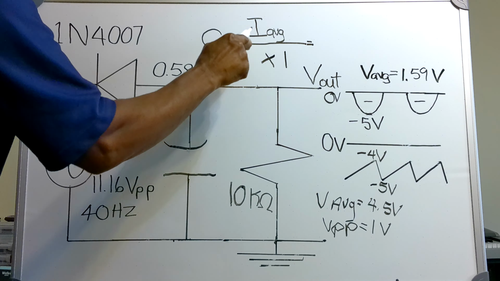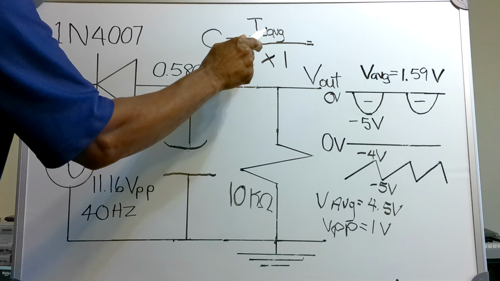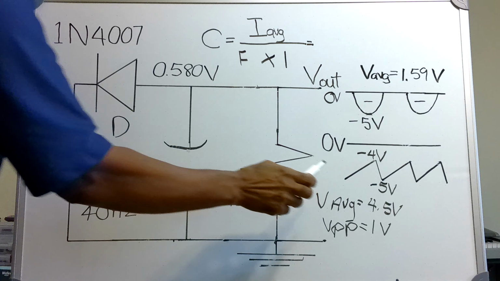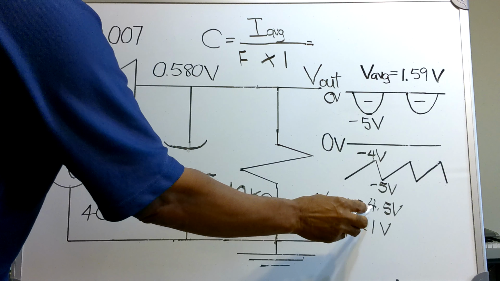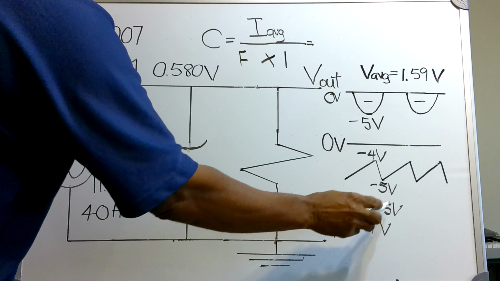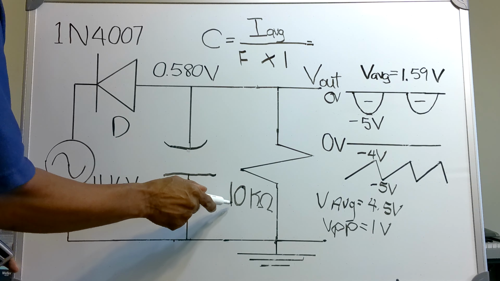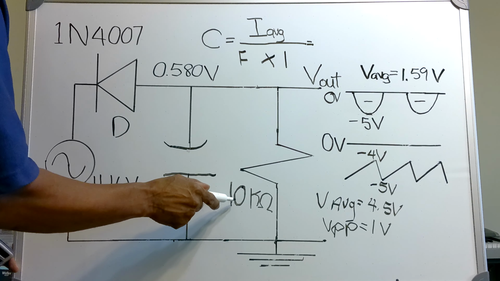Now, how do I find the I average? The I average is the 4.5 volt average divided by this 10K ohm resistor.